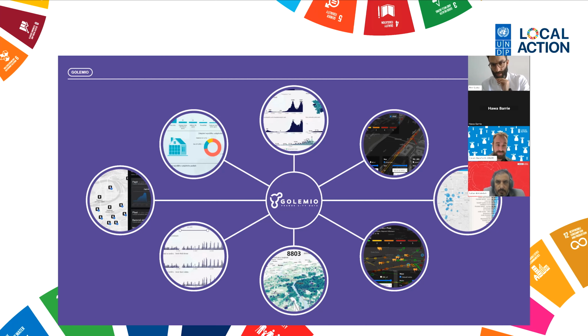We operate altogether about 120 different dashboards that are being used by hundreds of users. Some of these users are at the city hall, some of them work at city-owned organizations or companies. Some of these are, of course, private entities, such as large corporates.